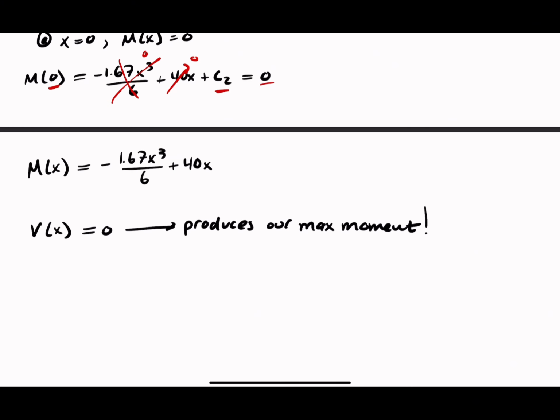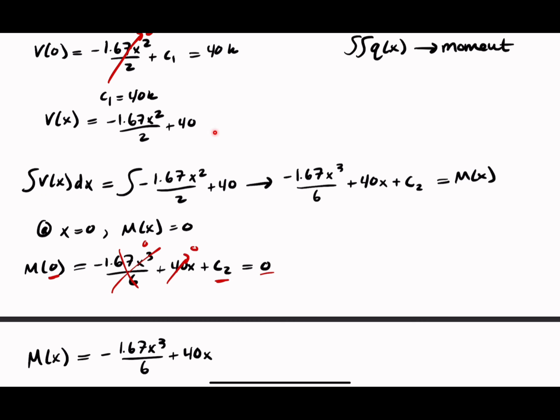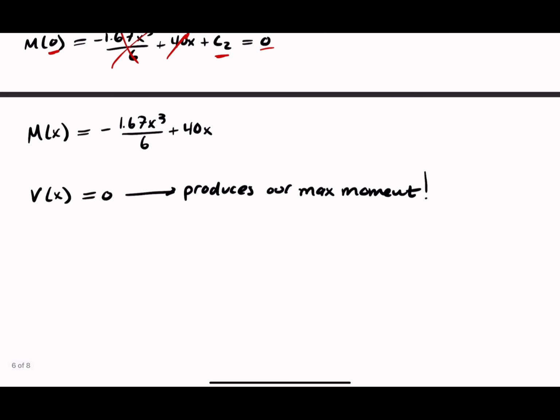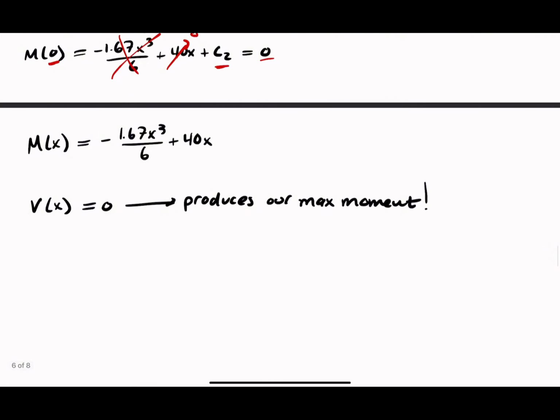So if we set our shear equation that we solved for up here equal to 0, and solve for the distance at which that 0 point happens, that would be very important, because then we could use that distance and find what that maximum moment could be, right?